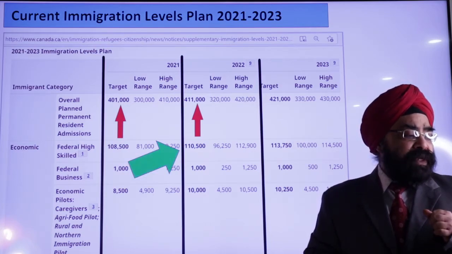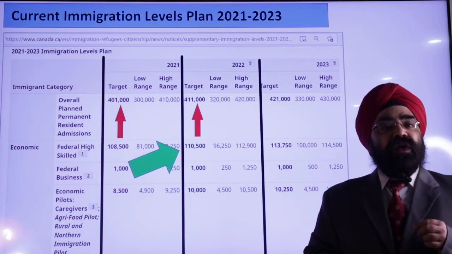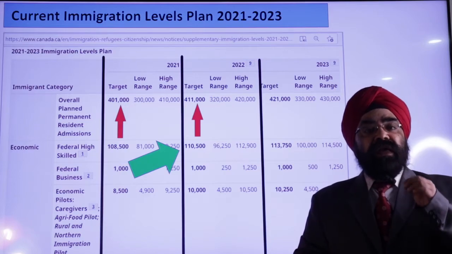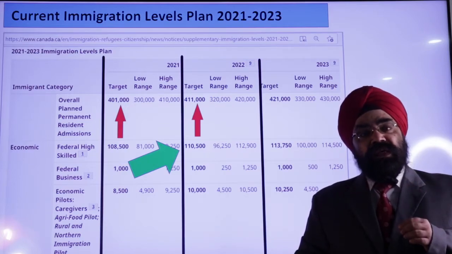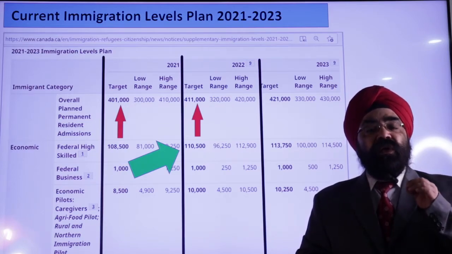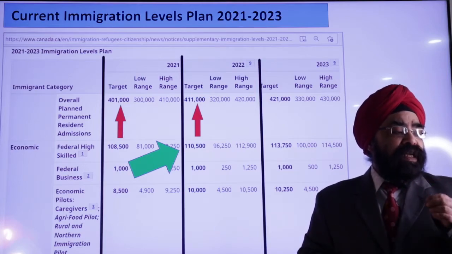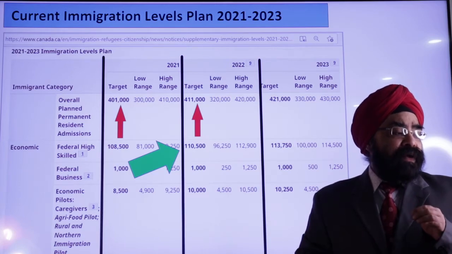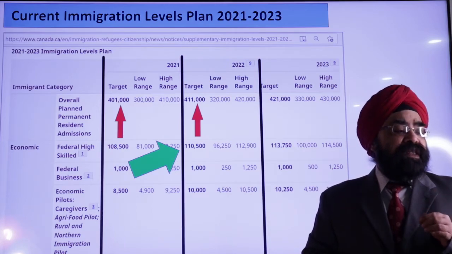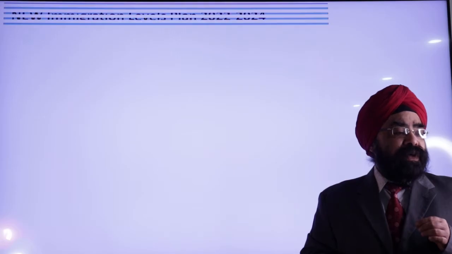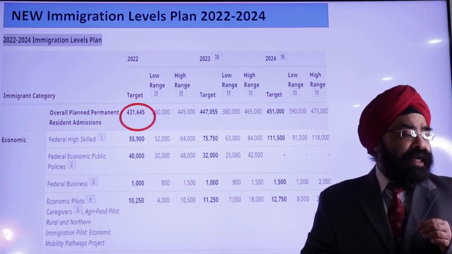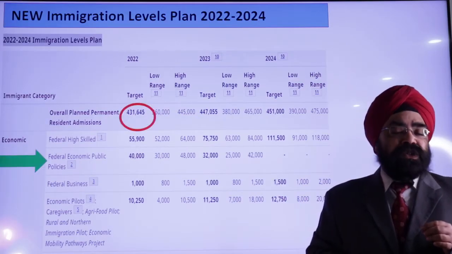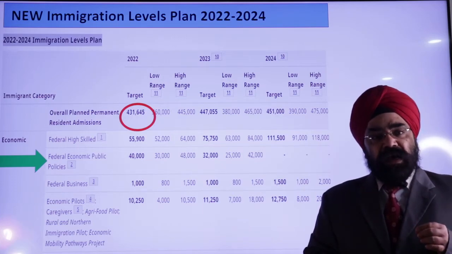And you see, as I mentioned, 110,500 were for Express Entry, but that number is now reduced. You can see with the help of a green arrow, 110,500 was the number for Express Entry, and this number is now standing at 55,900, straight away half.